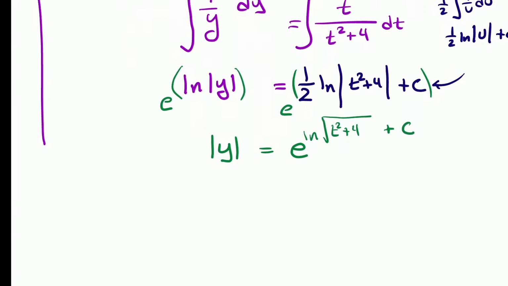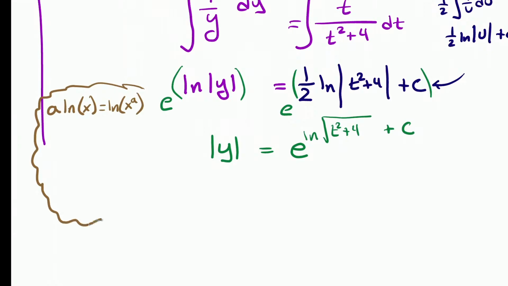The one that I just did was this. If you have a times the ln of x, it's the same as ln of x to the a. So I'll just put this in a little bubble. So just a reminder, that's what we just did here to here.